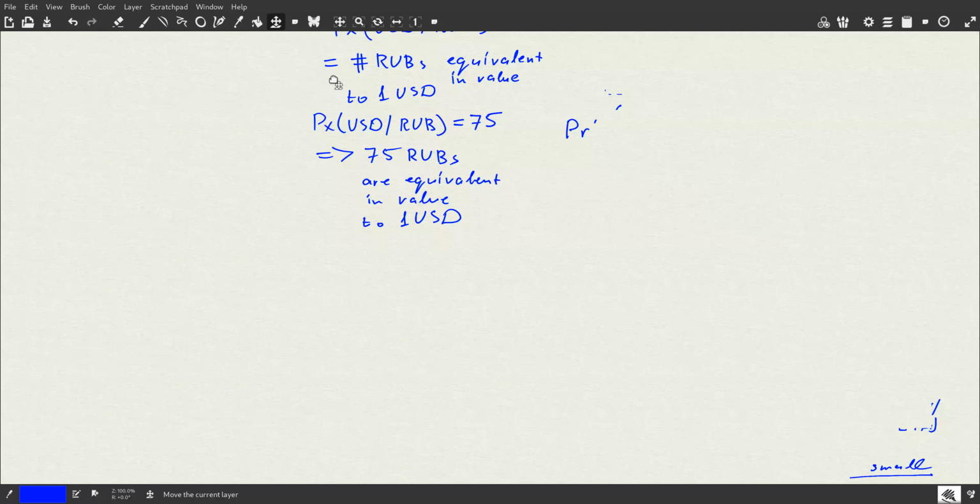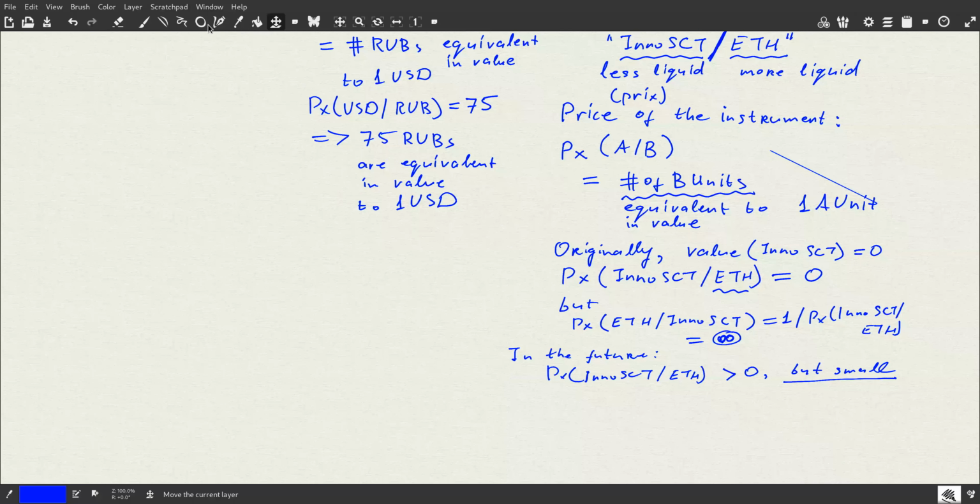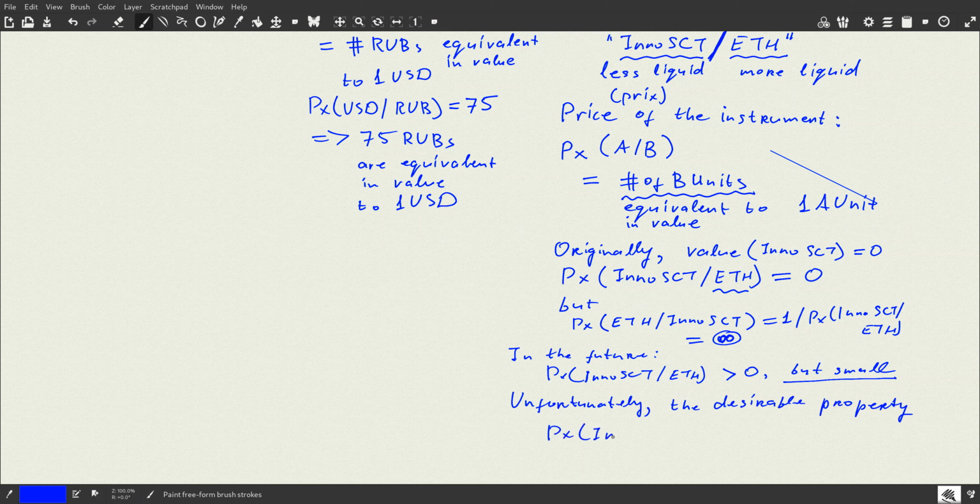So unfortunately, we would say the desirable property, the price of INCT to Ethereum, which is again a convention, that's why it is a desirable property, price A to B being greater than 1, does not hold.